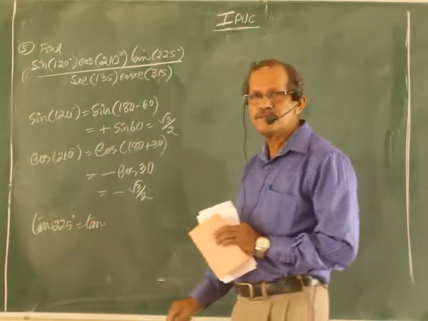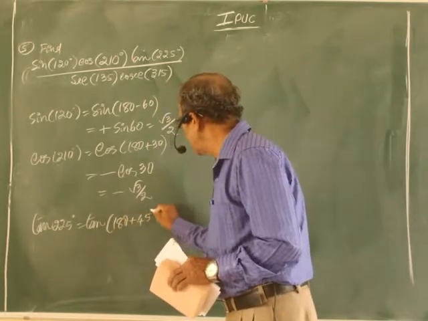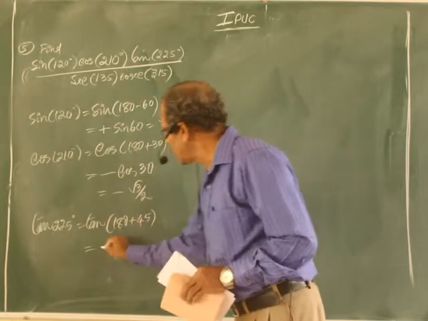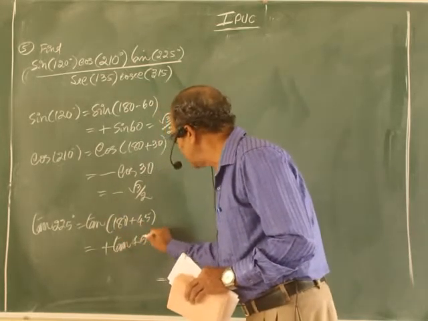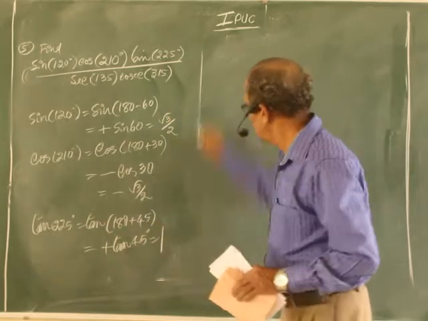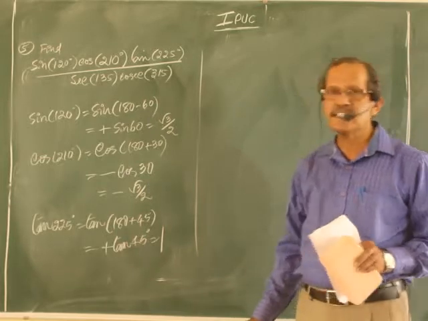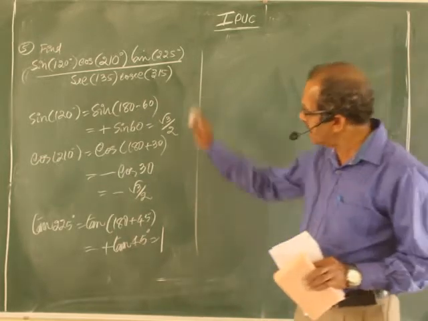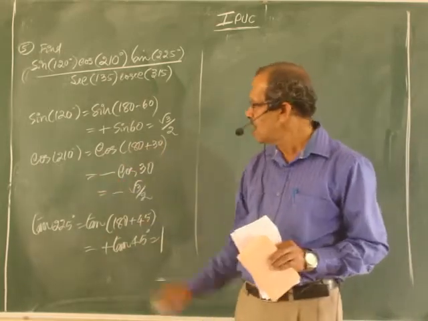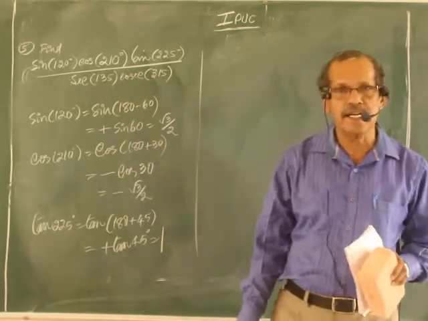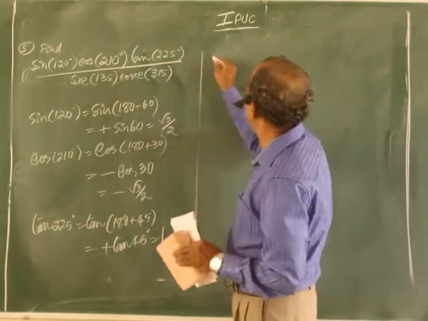Tan of standard form 180 plus 45. Third quadrant tan positive. Tan remains same, 1. Note the things carefully. By heart those 3 steps. Nothing else is there. If you can follow that particular 3 steps in order to write the ratios, then it is very easy. Tan 225 over.